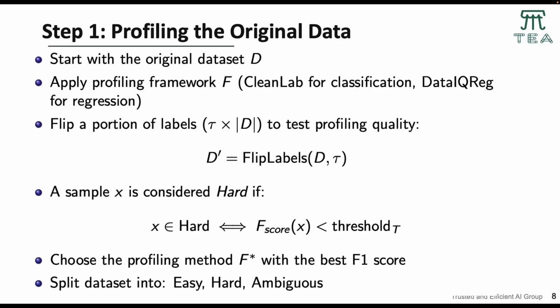Data-IQ Reg is an extension of this idea to regression tasks. Instead of classification probabilities, it uses metrics like residual errors and prediction variance to measure whether a point is easy, hard, or ambiguous.